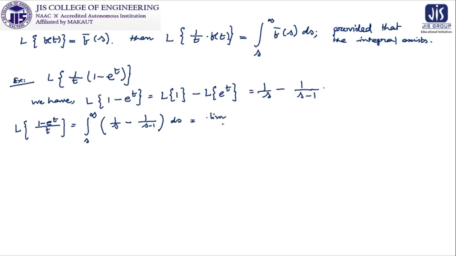So let us proceed according to the system. Limit b tends to infinity, integration s to b, 1 by s minus 1 by s minus 1 ds. In the next line, we can write it as limit b tends to infinity.